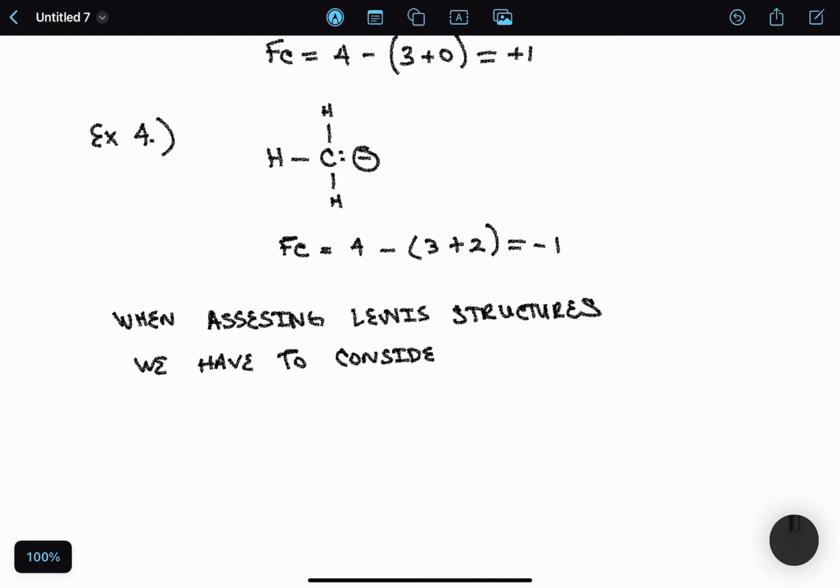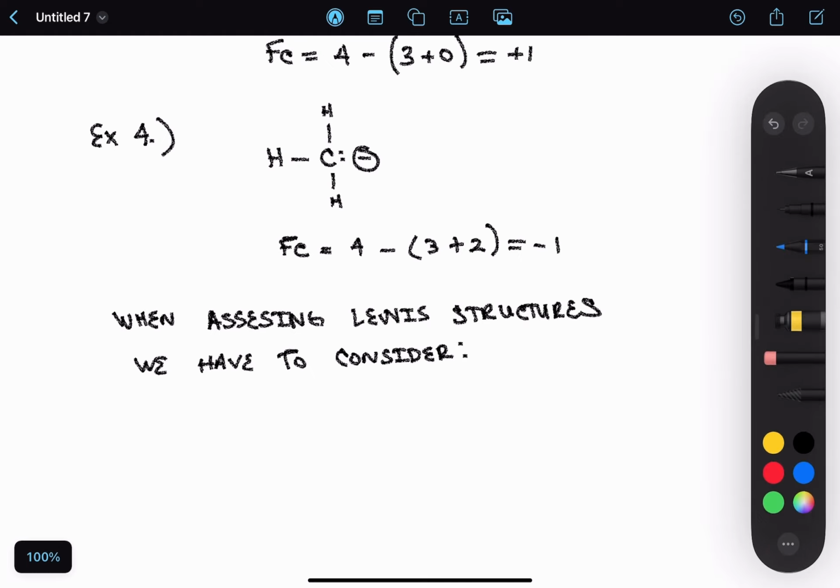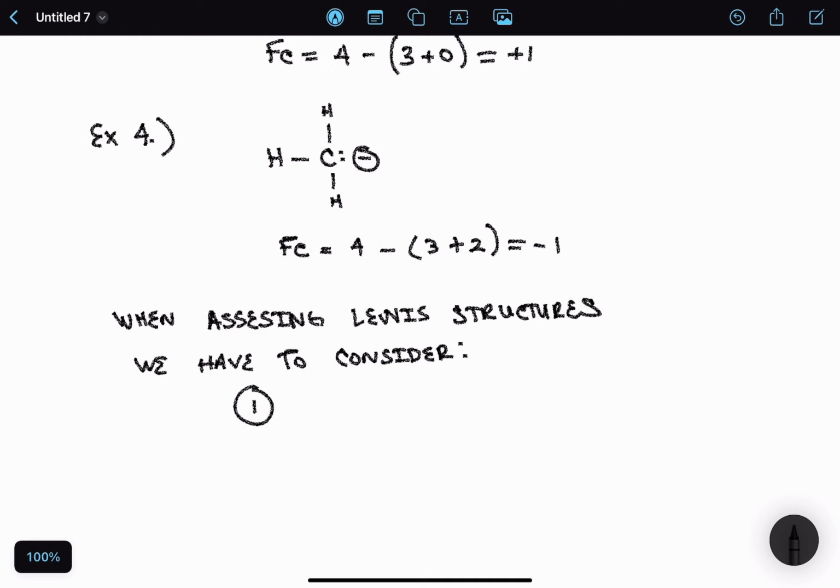The first factor is whether or not the molecule has an octet, or all the atoms have an octet. So do the atoms have octets? In the NH4 example, the nitrogen did have an octet. The second thing is: is the compound neutral or is it charged?